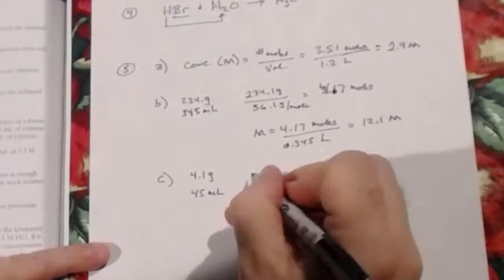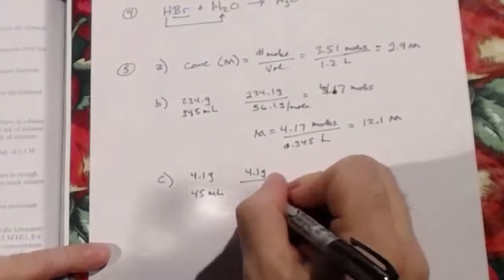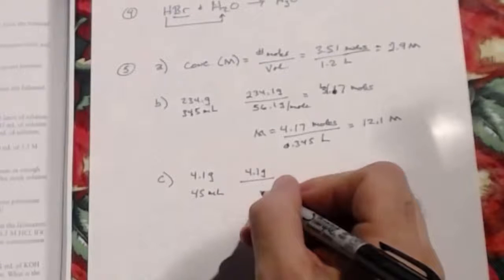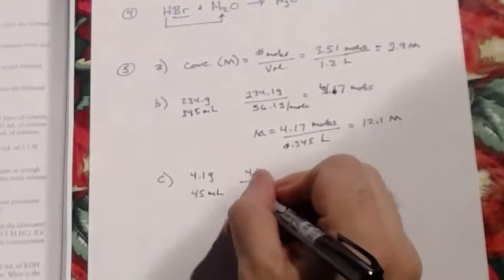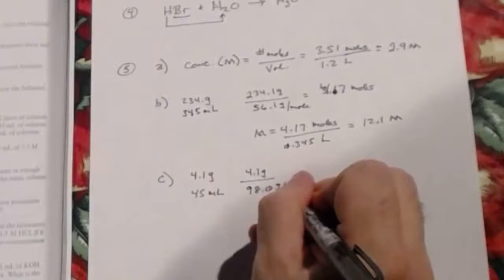Well, just like before, we're going to have to take the mass, 4.1 grams, and divide that by the molar mass. The molar mass of the molecule is 98 AMU, which means it's 98.0 grams per mole.